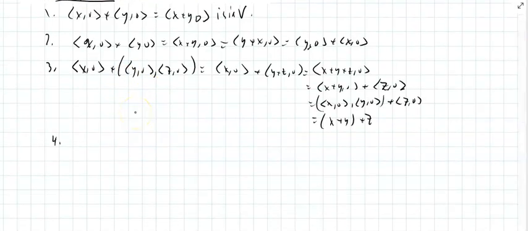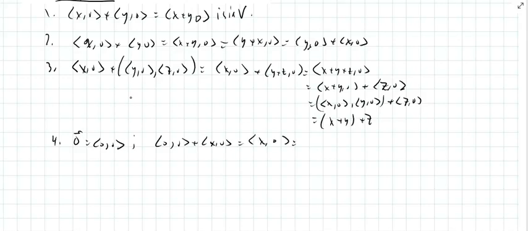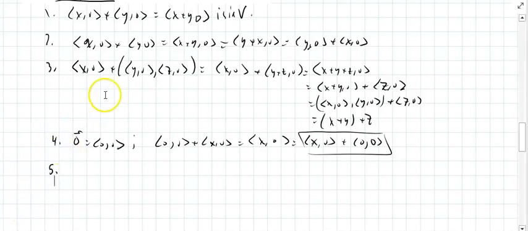Axiom 4, the one we just used, if you take 0 to be 0, 0, then you could take 0, 0 plus x,0. That's x,0, which is x,0 plus 0, 0. We're supposed to work downwards, but to see them, I really want to put them straight. This is, of course, for any numbers x. What was 5?